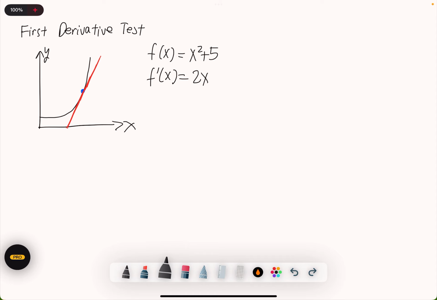For example, if this point here had an x coordinate of 8, then we know that the derivative of f of 8 would be 2 times 8, which is 16. So the slope of this red line is actually 16. So that's a pretty steep red line there. So after a recap on what derivatives are, now let's move on to the first derivative test.